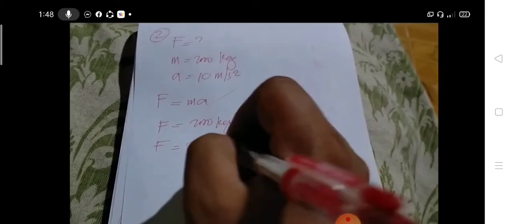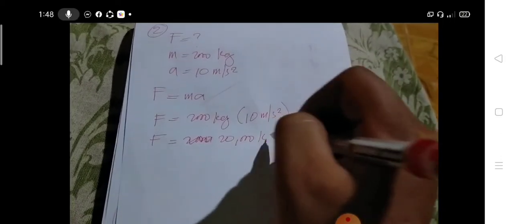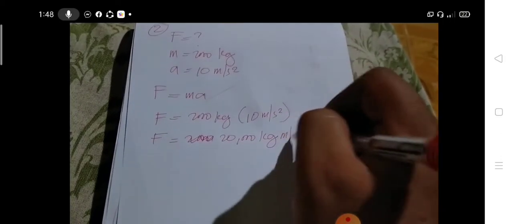Let's multiply 2,000 by 10, that is 20,000 kilogram meter per second squared.